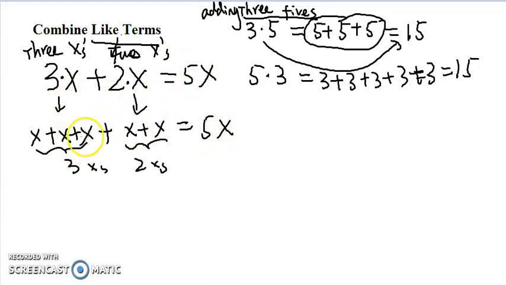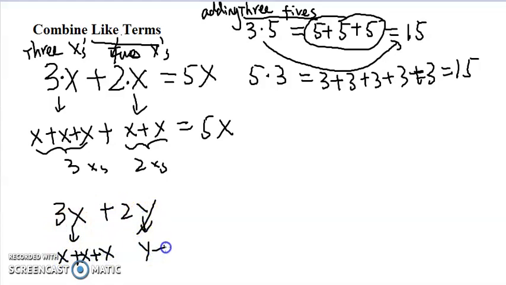And look at the process here. When we add variables, first of all we have to make sure they have the same variable. If I have y here, for example, 3x plus 2y, 3x means x plus x plus x, but 2y means y plus y.